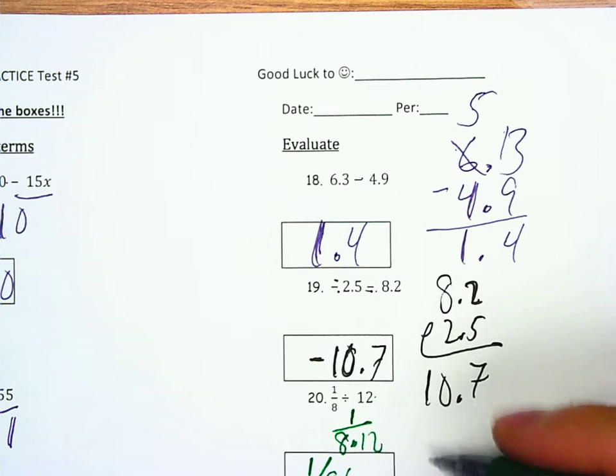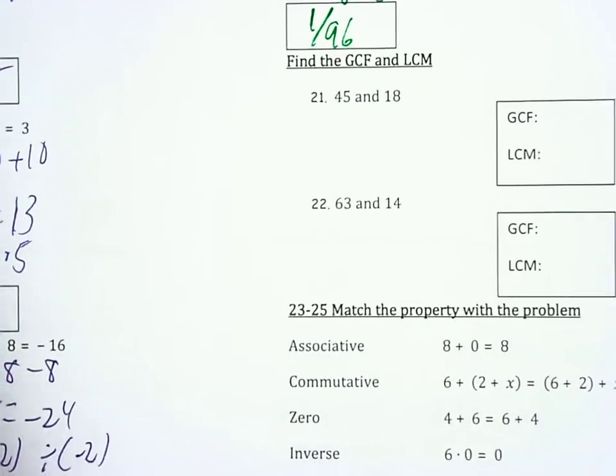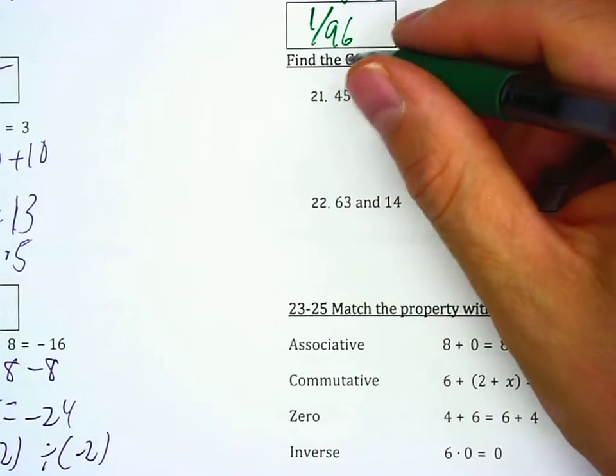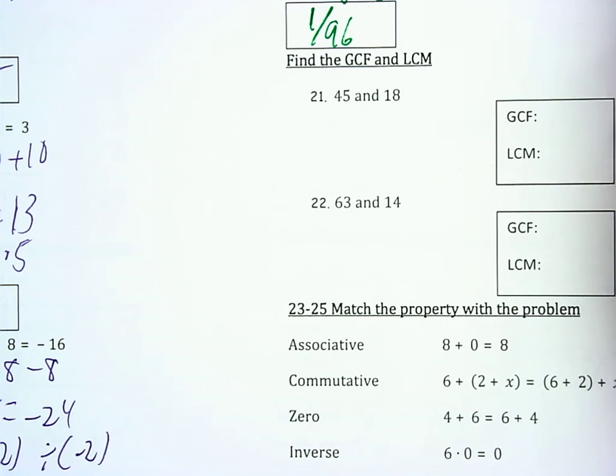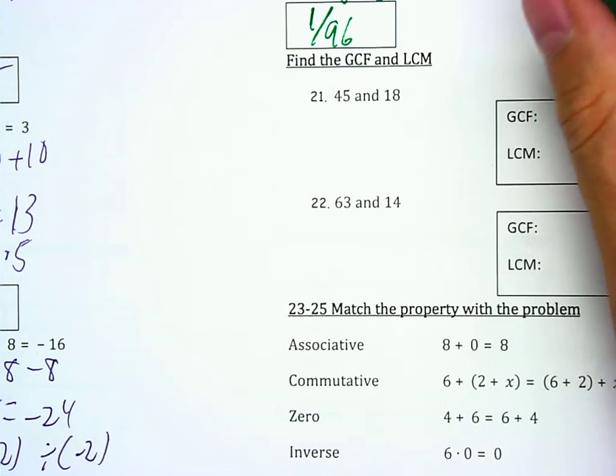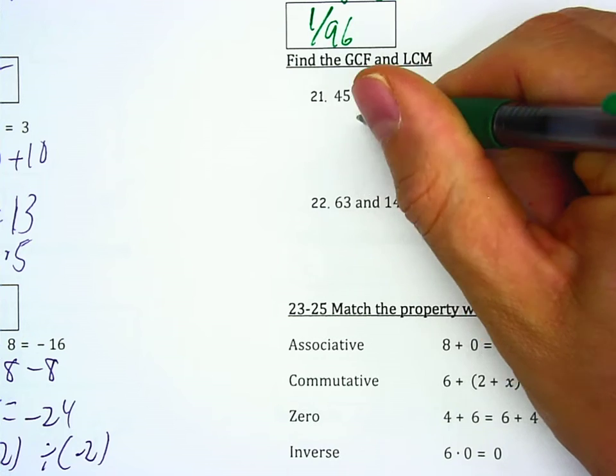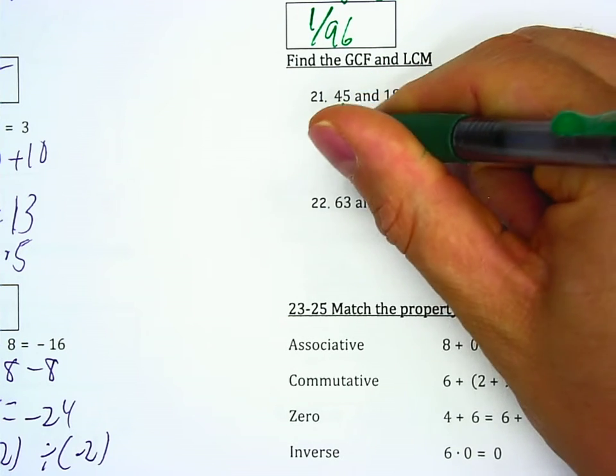Question 21. Greatest common factor, least common multiple. What we're going to do here is figure out what they both divide by, the largest thing they both divide by, and what they both divide into. And we do this by using prime factors. So a 45 is a 9 times a 5.